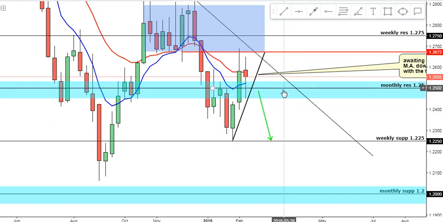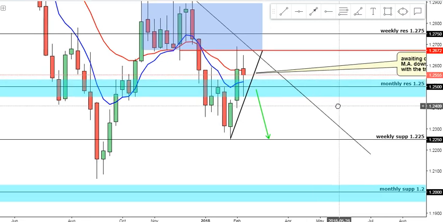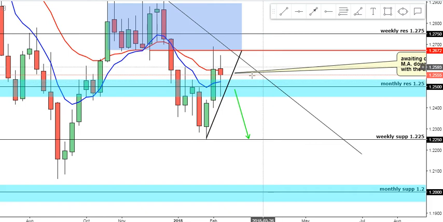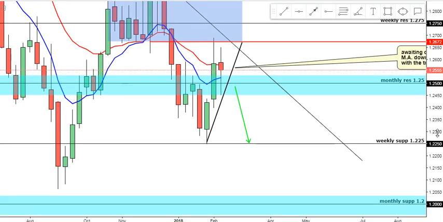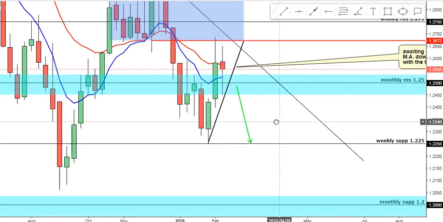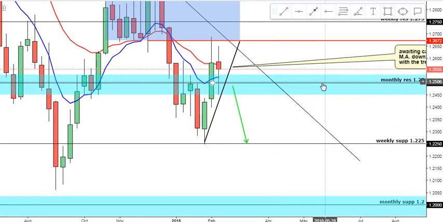So we're going to profit from this next move about 250 to 350 pips, around that. So we're looking for the next move downwards to the weekly support. That is why we plotted our key levels: monthly resistance, support, weekly resistance and support.